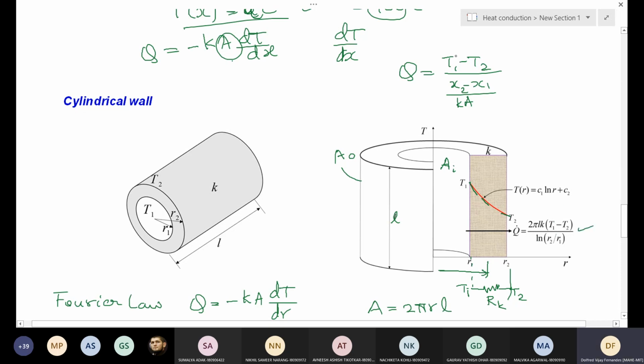If you maintain the same temperature difference, T1 minus T2 is the same for both. The thickness of the wall is the same, that is X2 minus X1 is the same as R2 minus R1. Now calculate the rate of heat transfer and compare. I am asking which will be more.